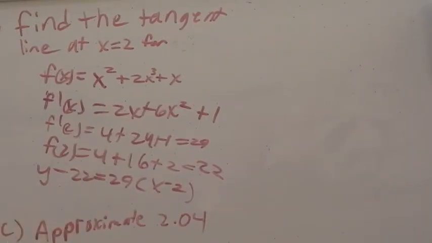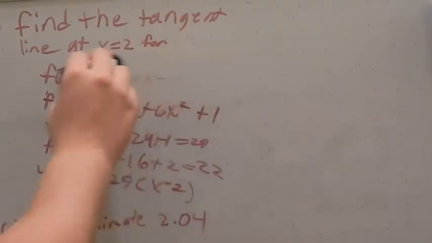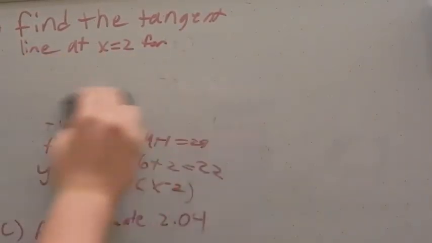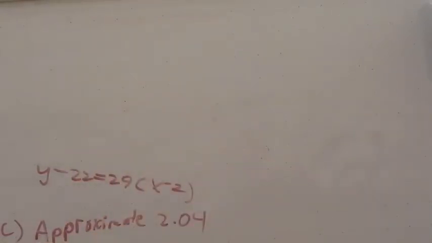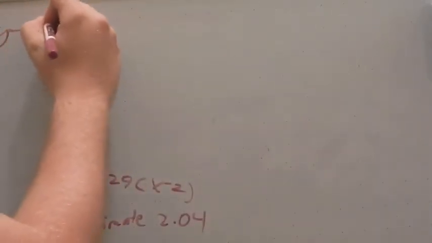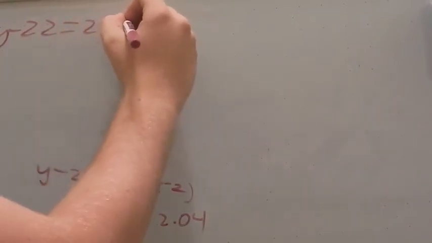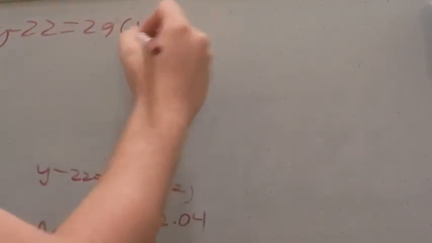So we'll do that. I'll erase this right now and then show you that so that you can do it. And so here we go. So you're going to approximate 2.04 with this equation right here. So y minus 22 equals 29 times x minus 2.